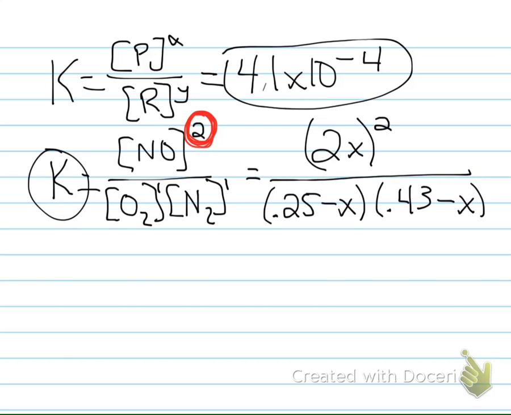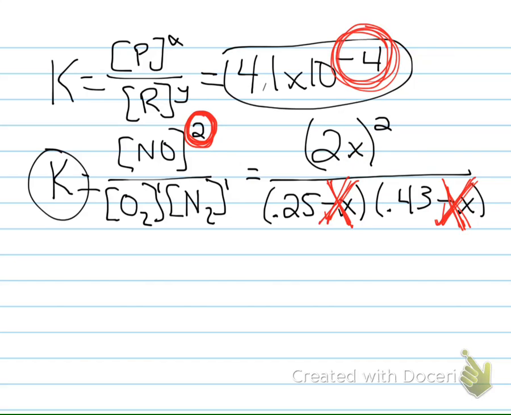But just like we did in the last problem, when our K value has a small enough exponent, we can get rid of the minus x and the minus x here. We do not get rid of this one because we need to solve for x.